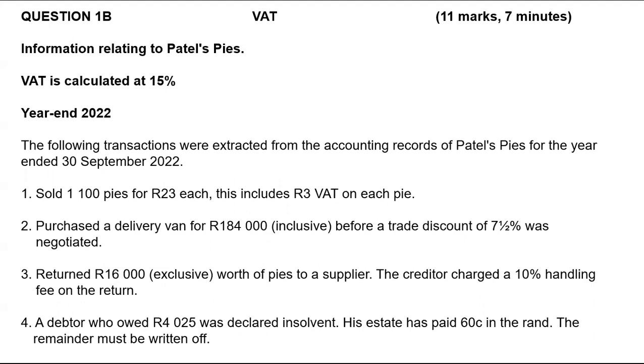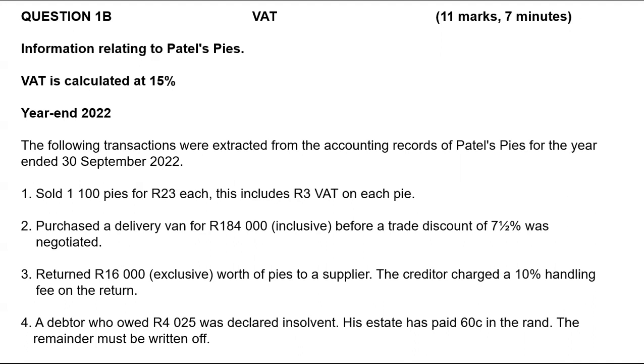We purchased the delivery van for 184,000, which is VAT inclusive. But that is before a trade discount of 7.5% was negotiated. How much can we claim from SARS?